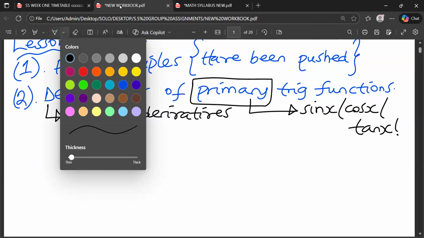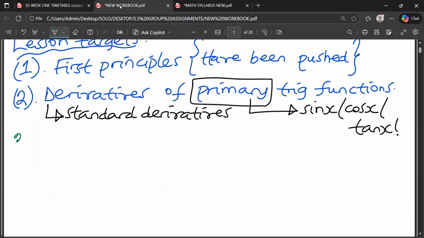Then, of course, after that, we shall also have to look at those of the secondary trig functions.